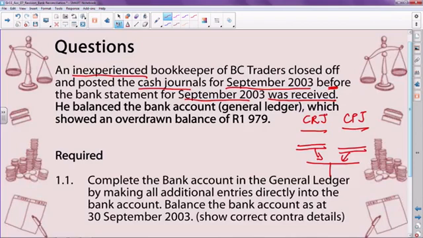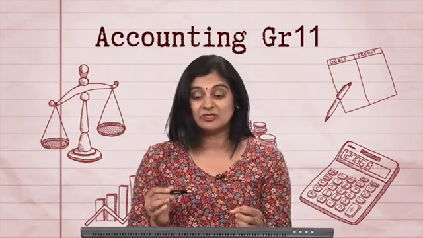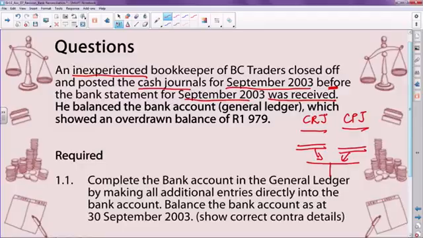Now, why is that incorrect? You should be able to answer this. Remember, it is incorrect because he's got to firstly take into account the additional entries from the bank statement before he actually posts to the general ledger. So he hasn't done this. So let's read on. He balanced the bank account, in other words, in the general ledger, which showed an overdrawn balance of 1,979.